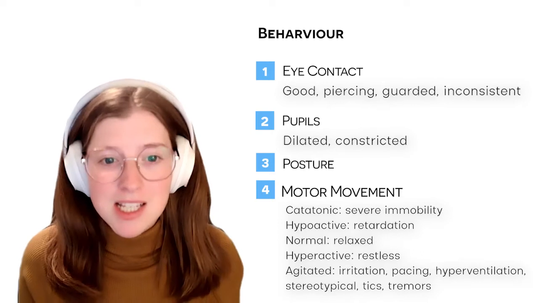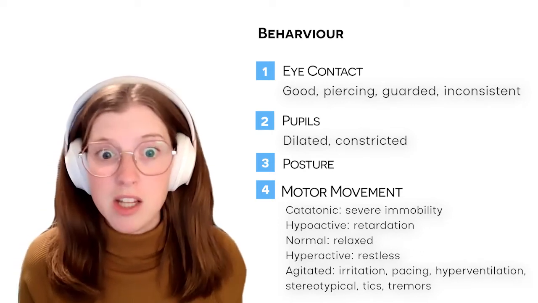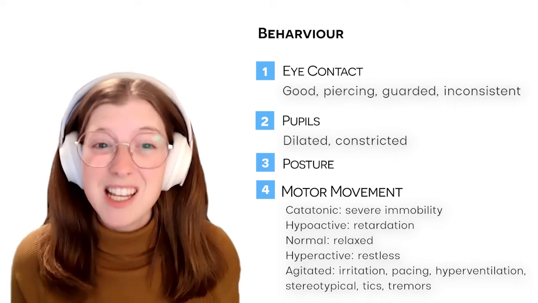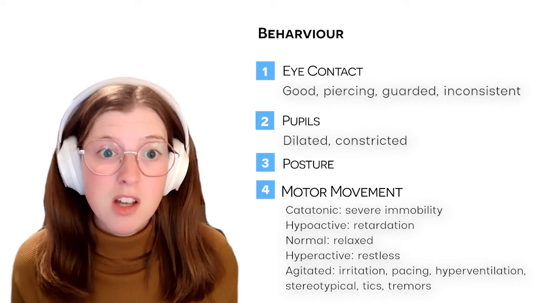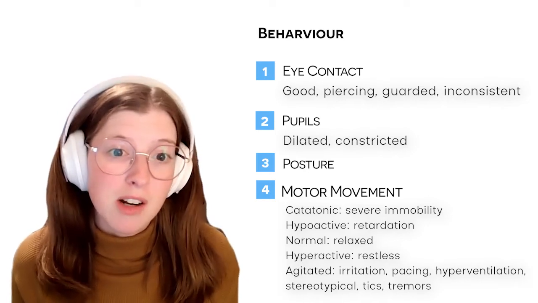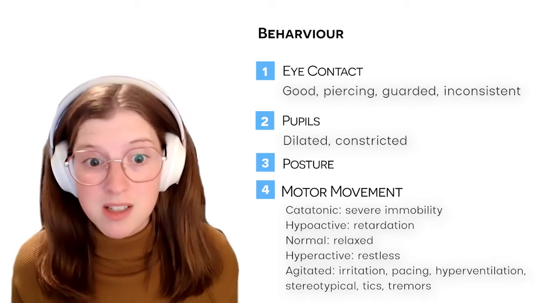They may even exhibit elements of agitation, such as severe anxiety or irritation, or excessive motor restlessness, such as pacing or hyperventilation. You can also comment here on if the patient appears catatonic, if there's any stereotypical movements, or tics or tremors.